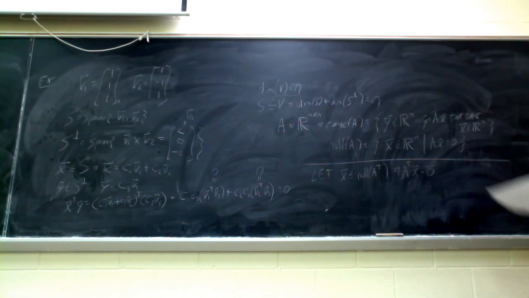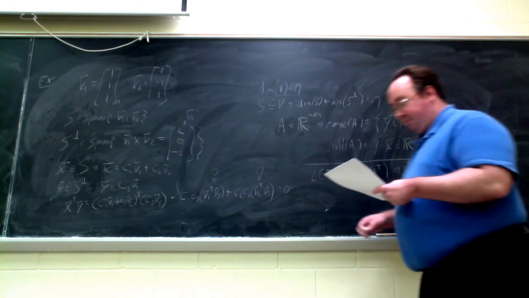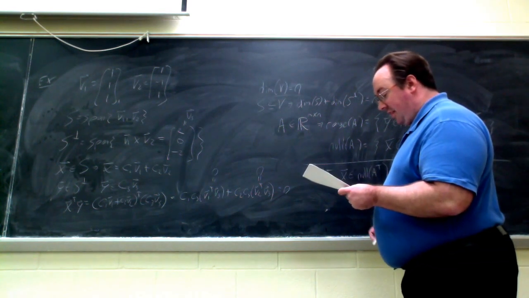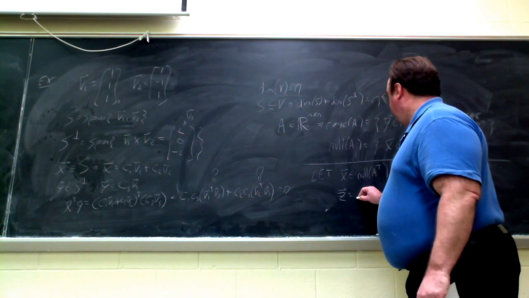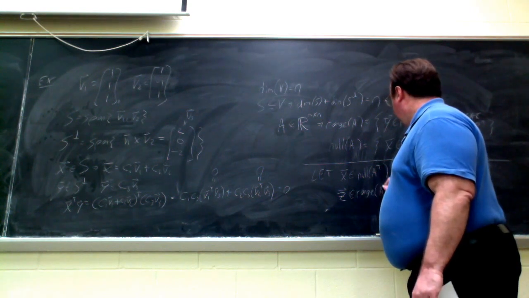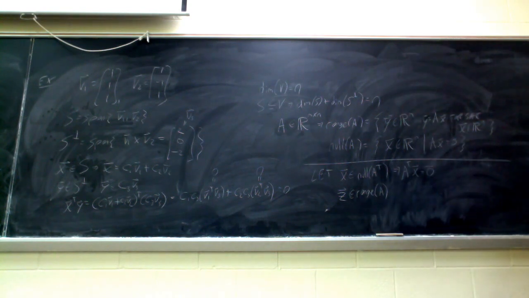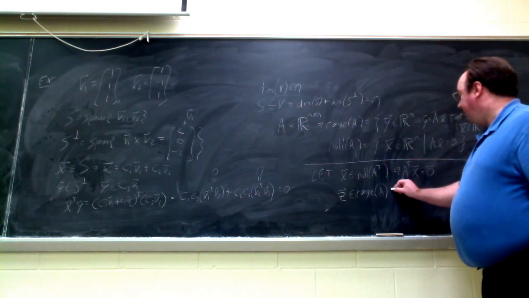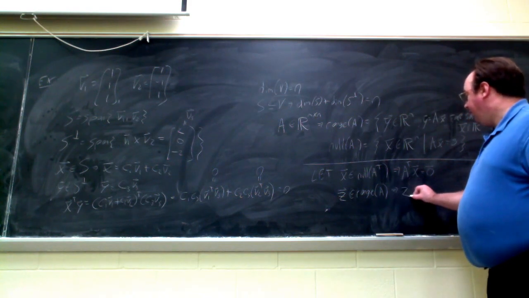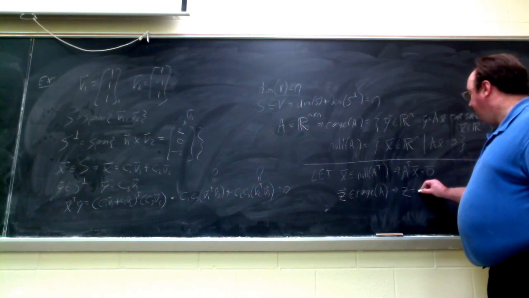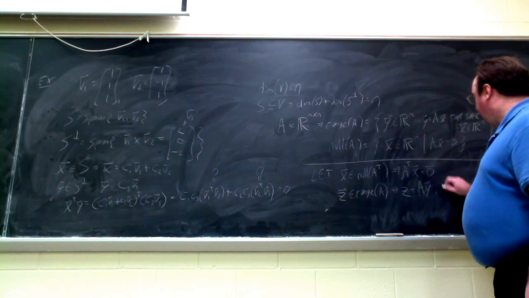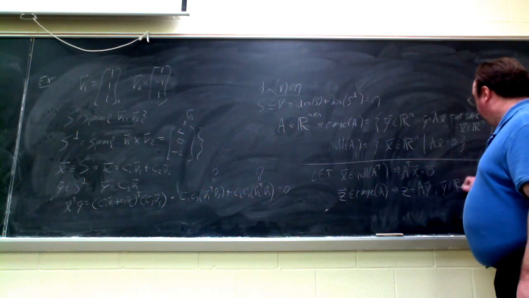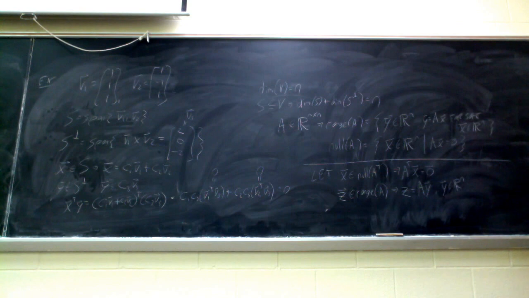And then, I assume that vector z is in the range of A. So that means that z is equal to Ay for some y in Rn.